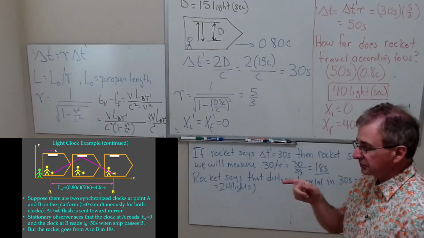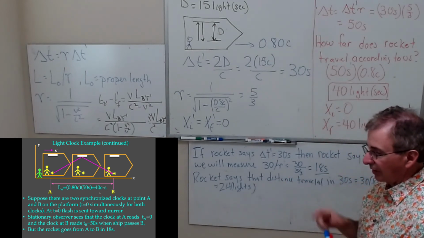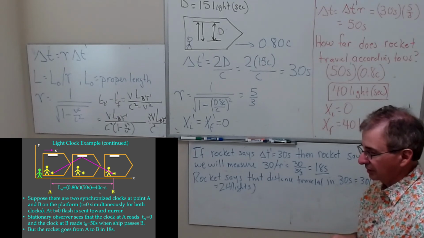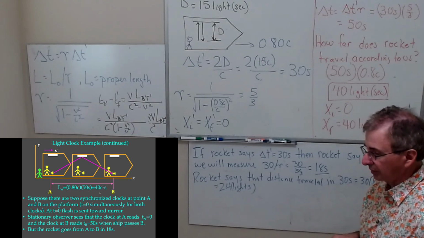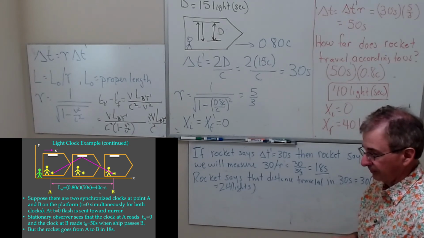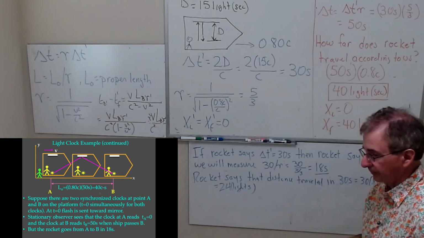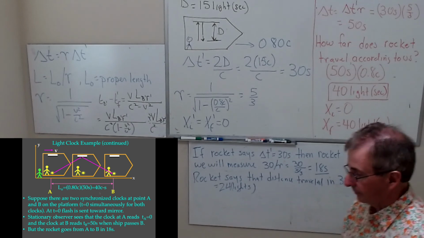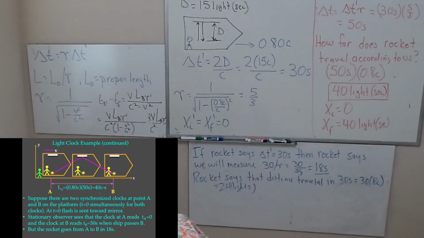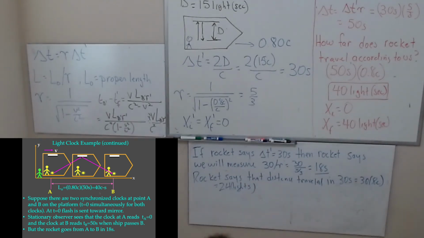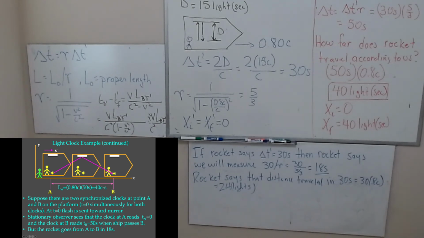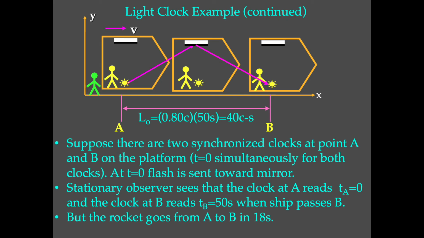Now suppose there are two synchronized clocks at point A and point B on the platform.